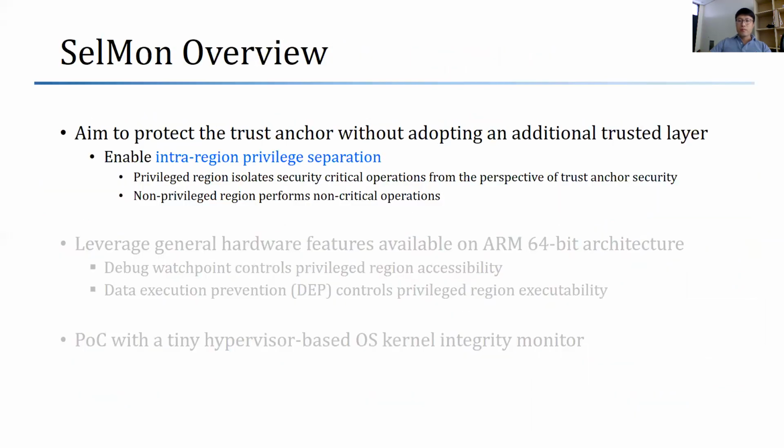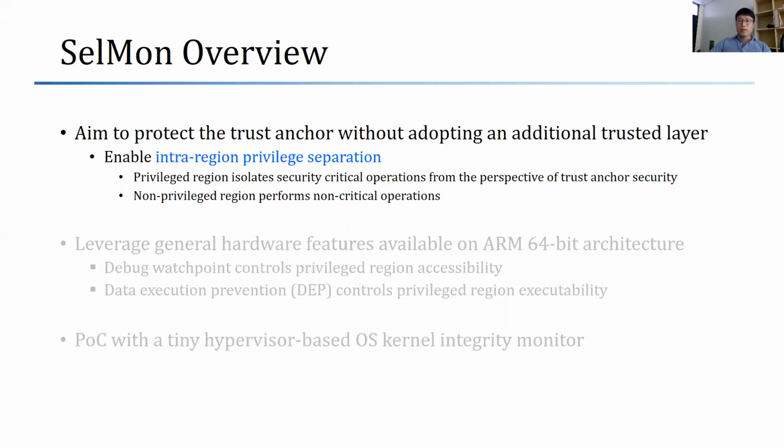To address the security problems derived from the absence of privilege separation in the trust anchor, we propose SelMon, which enables intra-region privilege separation and self-protection. We logically separate the privilege of a monolithic trust anchor into two regions, the privileged and non-privileged.